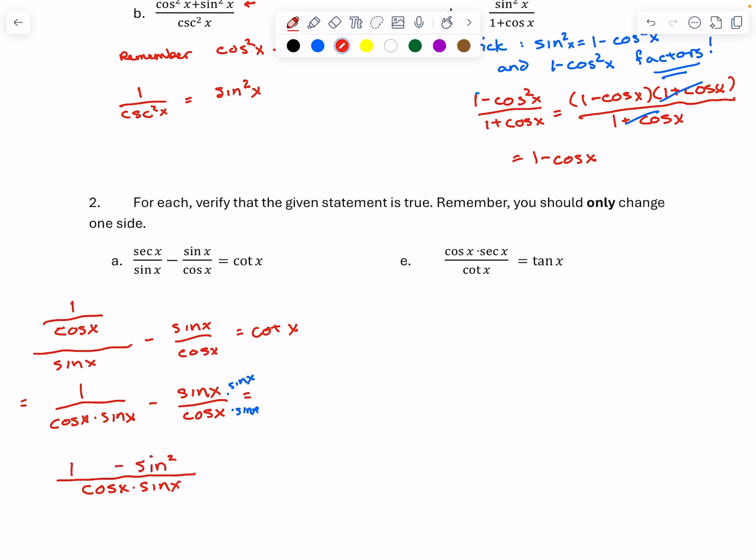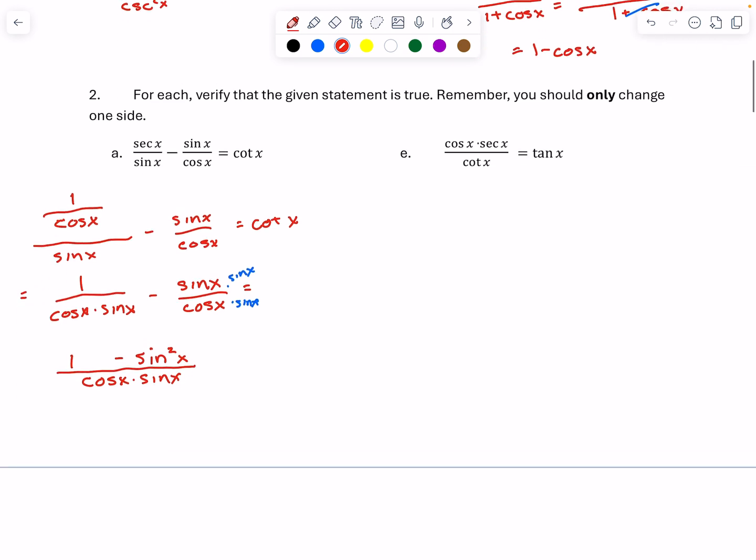And 1 minus sine squared is something we know. And we'll cancel a cosine. And we end up with cosine over sine, which is, in fact, cotangent. Yay.